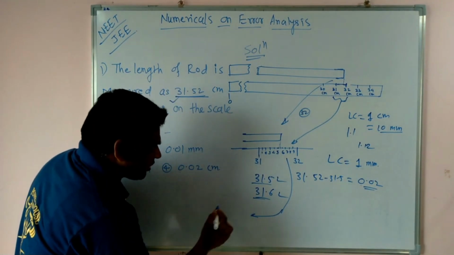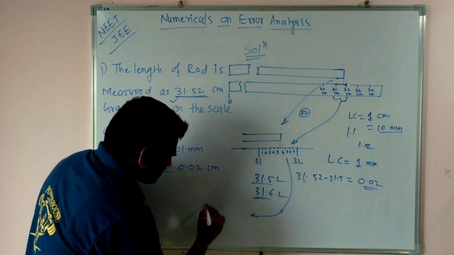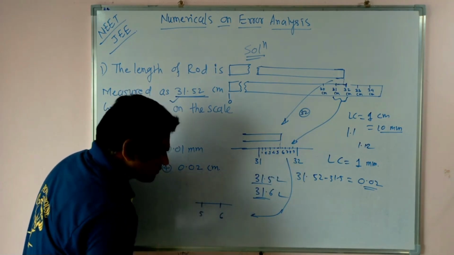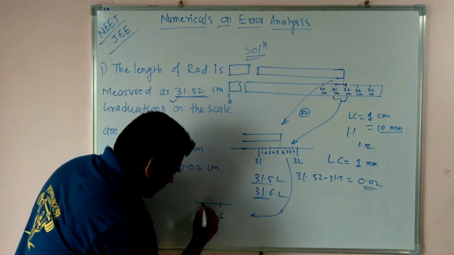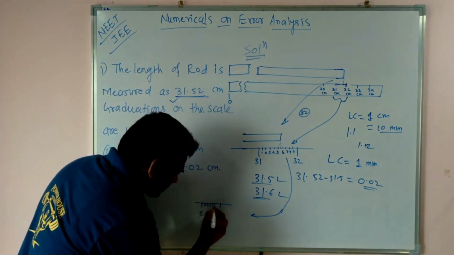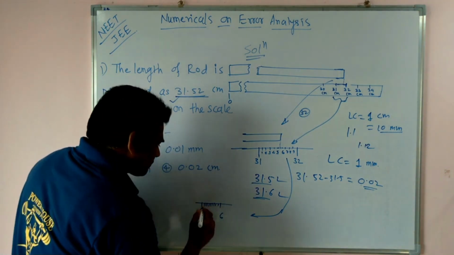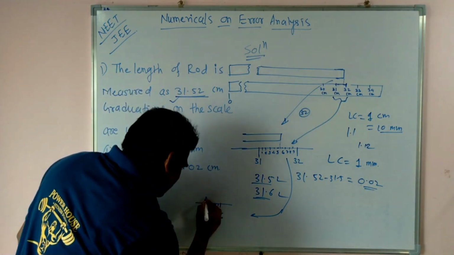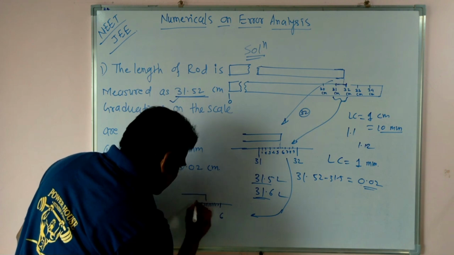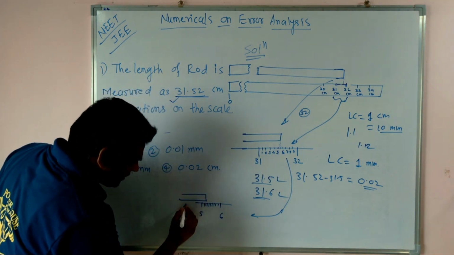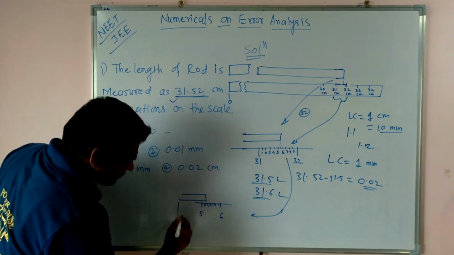So again divide this in 10 parts. So what will happen at that time? This 5 and 6, again 10 parts: 1, 2, 3, 4, 5, 6, 7, 8, 9, 10. So in between, here this is the end now, the end of this rod.